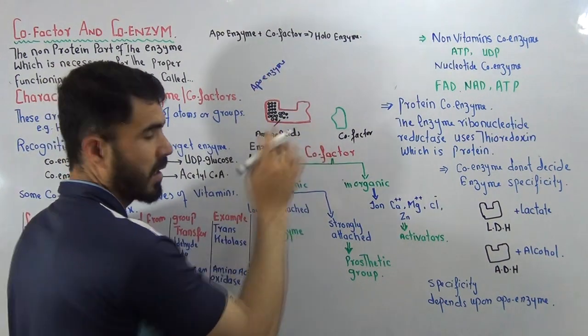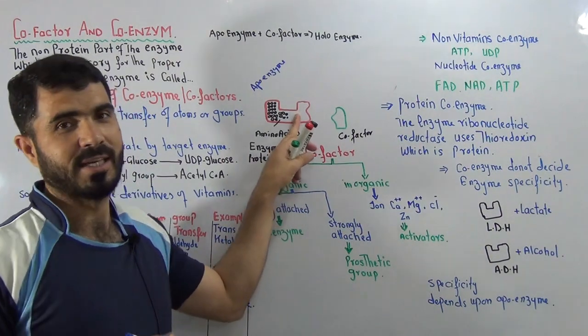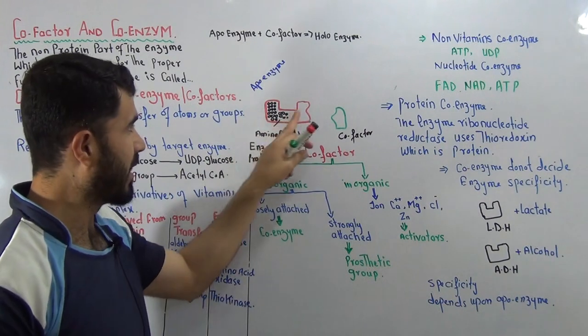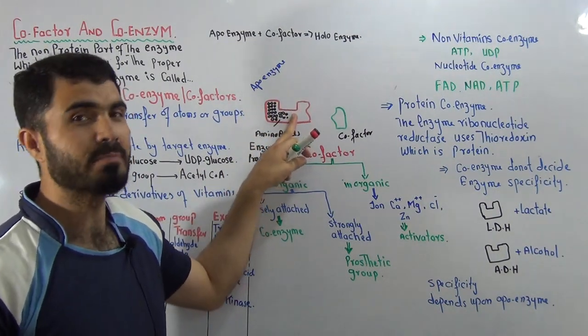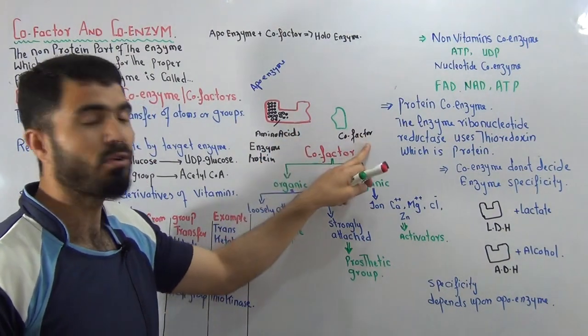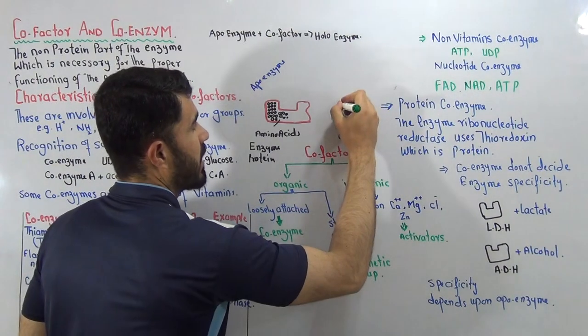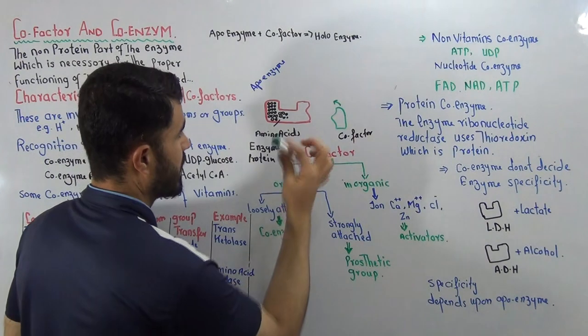In the beginning of the video, I called this structure an enzyme. Now, a little more advanced, I call it apoenzyme. Why? Because its friend is missing. Its friend is the cofactor, so I am going to bring this cofactor and attach it to the enzyme.